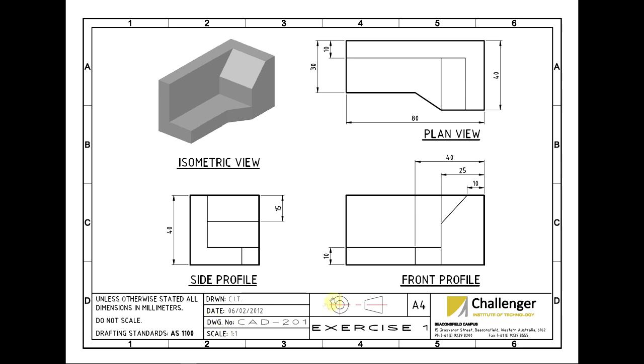Okay. So popping back over to here, how high is it? I can get that from my side profile, so I have 40. So we now know we have a rectangle that is 80 by 40. We come in 10 here. This little angle here, we know we have 25 across, so 25 minus 10 gives us 15 there. And you can see this part just down in here is 15 down from the top.